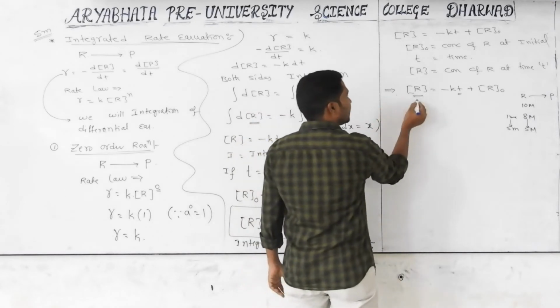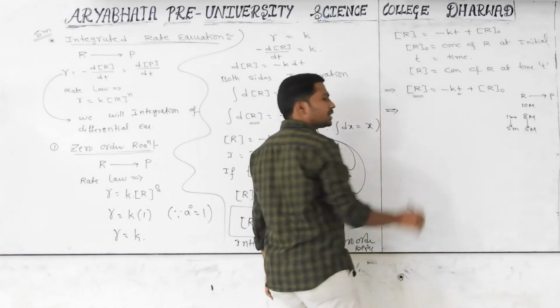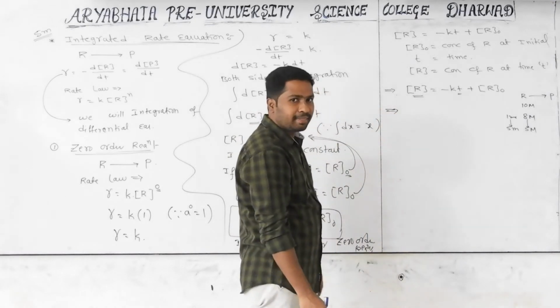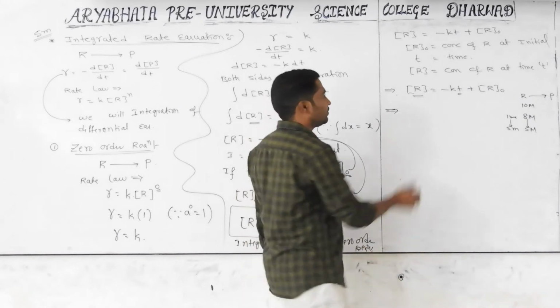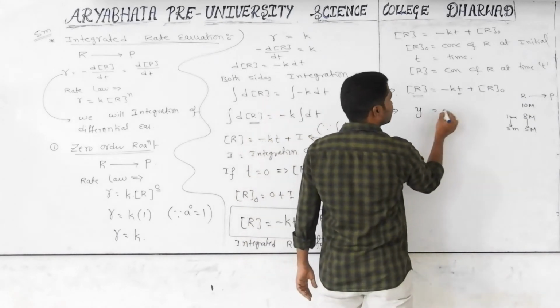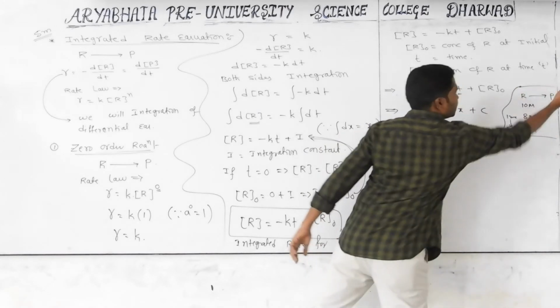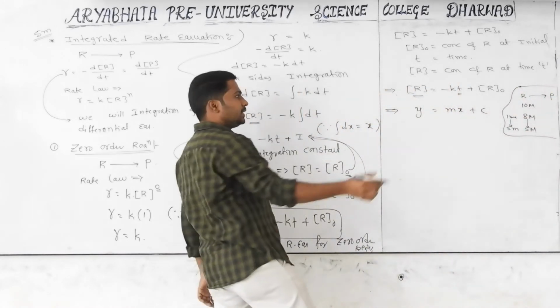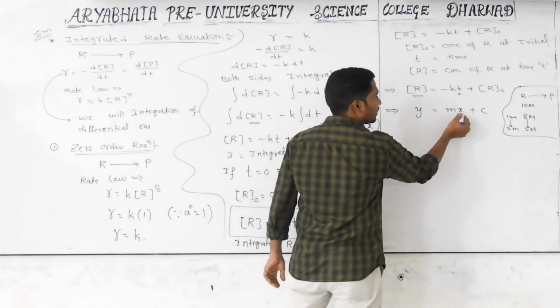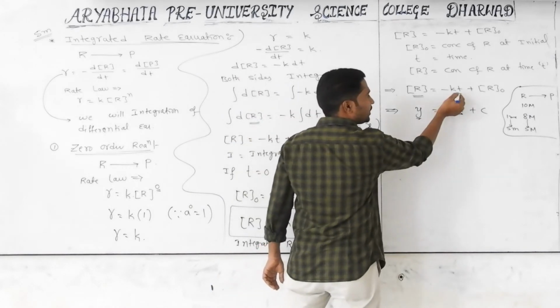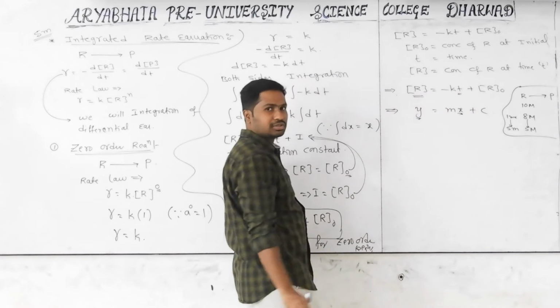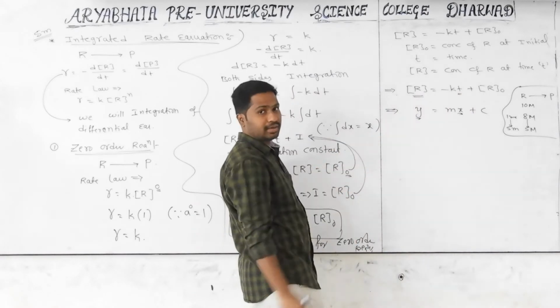So automatically it is similar to a straight line equation, y equals mx plus c. Here the variable terms are x and y; here the variable terms are time and the concentration of the reactant at that corresponding time.